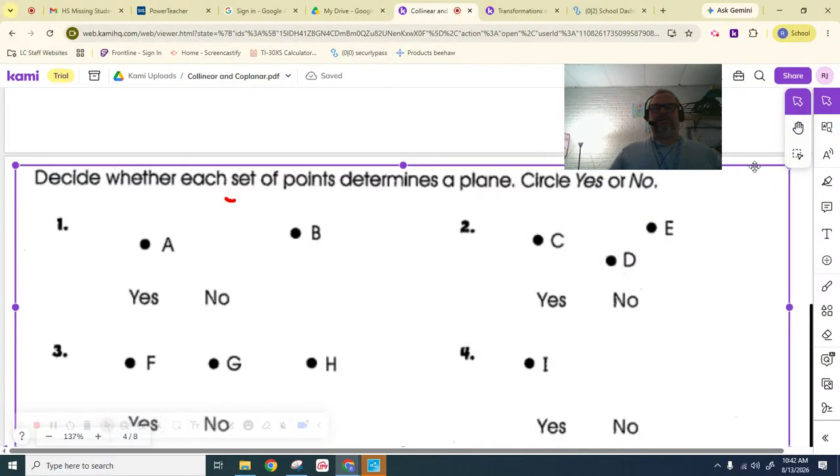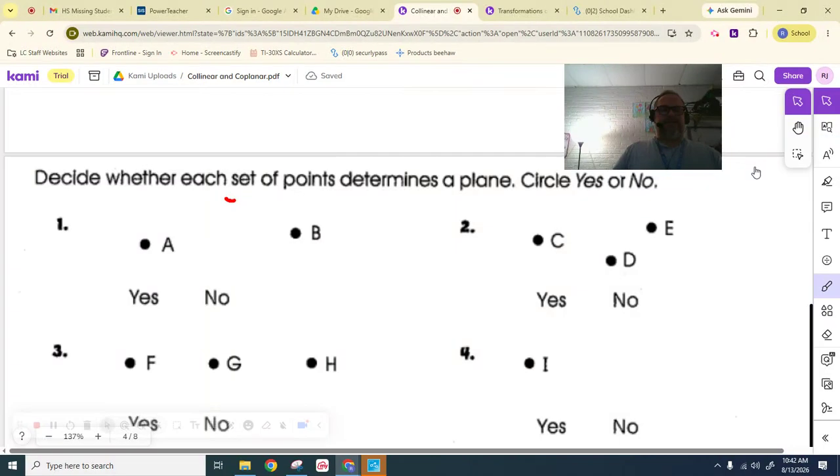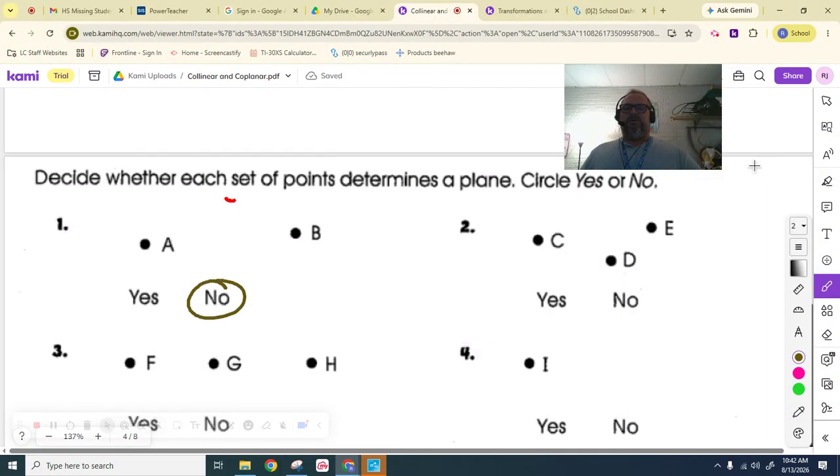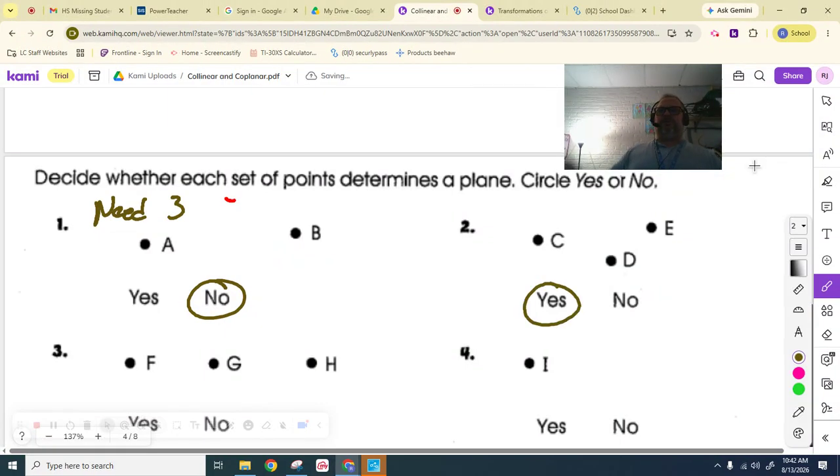Decide whether these determine a plane. Do these make a plane? A and B. No, because we need 3. What about number 2? Yes, because there are 3 non-collinear points.